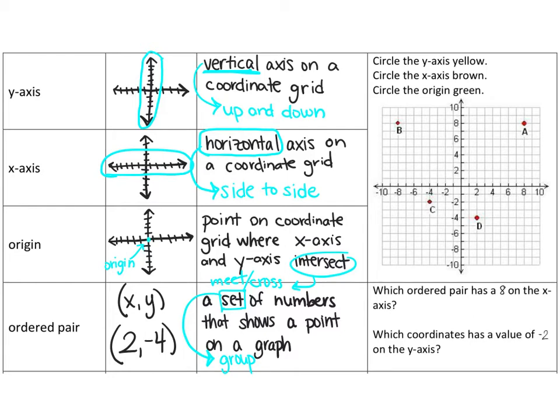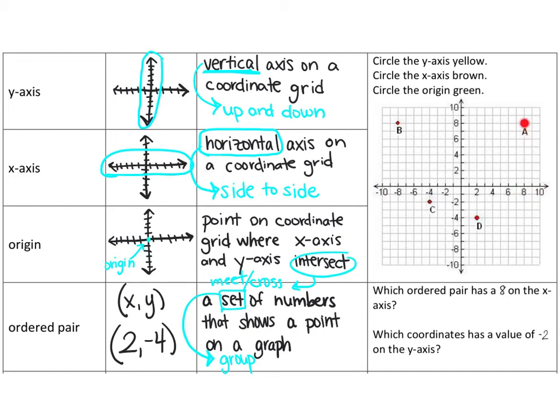Now for the example. Which ordered pair has 8 on the x-axis? And we're talking about these up here. We're going to look at the x-axis and go to 8.